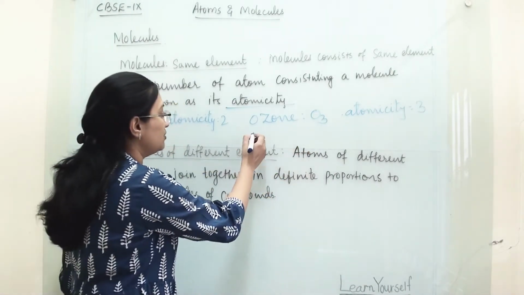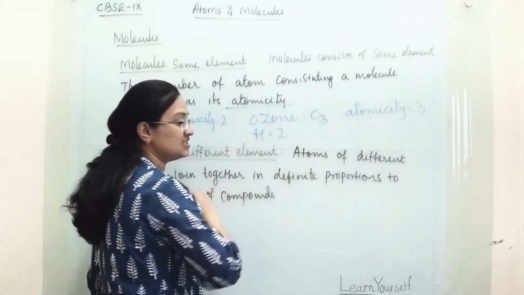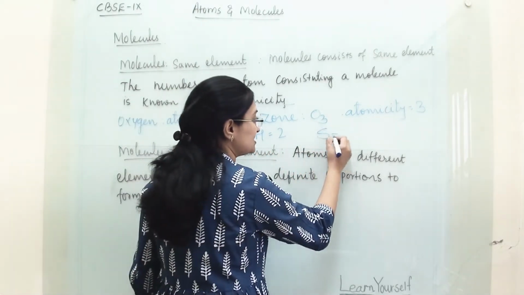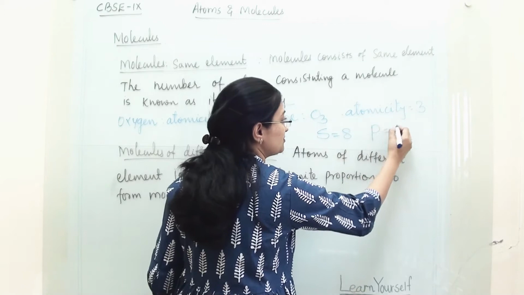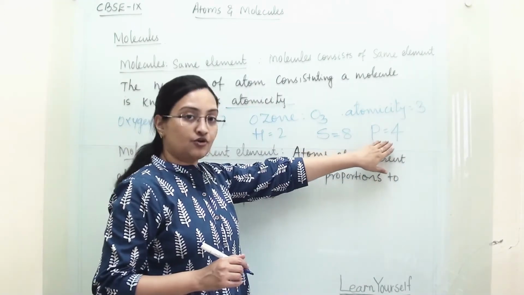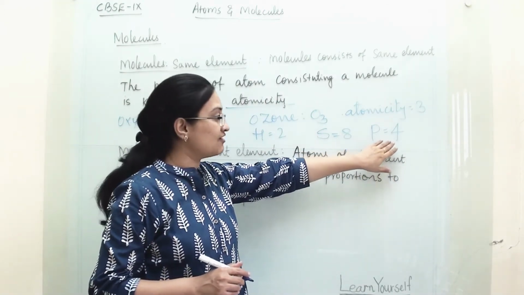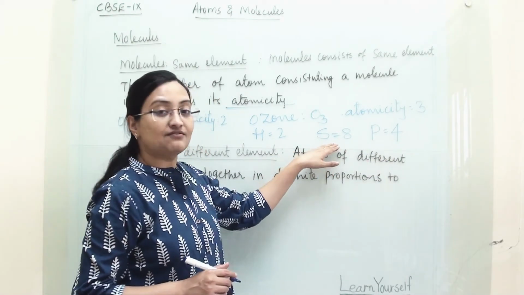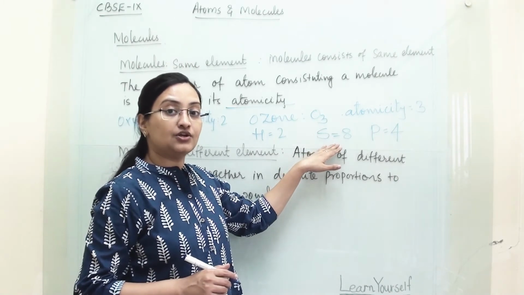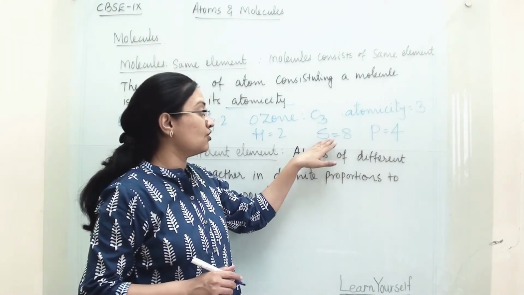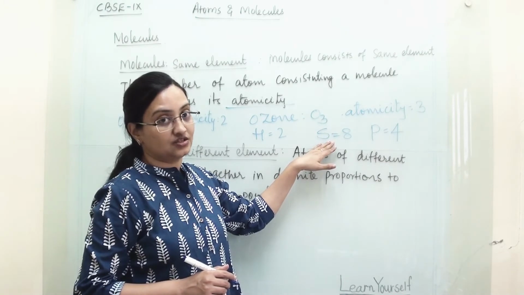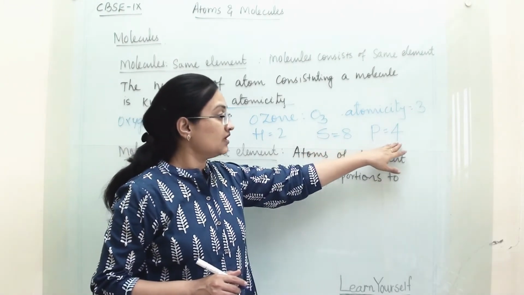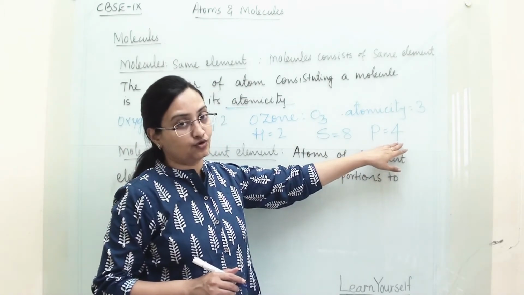Hydrogen's atomicity is 2, oxygen's atomicity is 2, whereas sulfur's atomicity is 8 and phosphorus's atomicity is 4. When a phosphorus molecule forms, 4 atoms of phosphorus combine with each other. Similarly, when a sulfur molecule forms, 8 atoms of sulfur attach with each other.